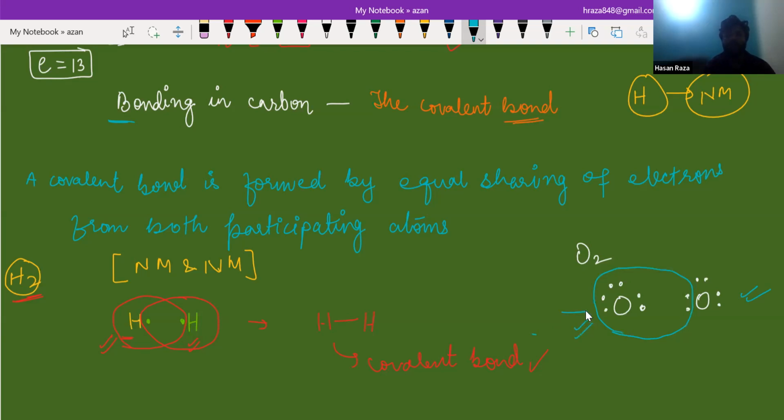Now this will have 8 electrons, and this oxygen will share two of its electrons with this. You can see two electrons making one bond, so four electrons making a double bond. We call it double bond, and here single bond. Are you getting my point?